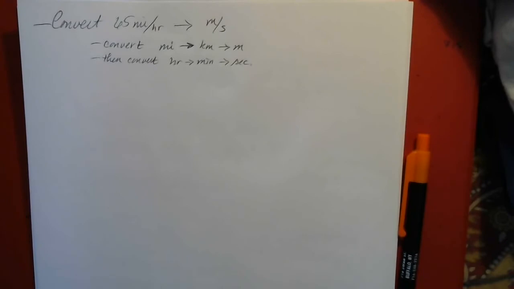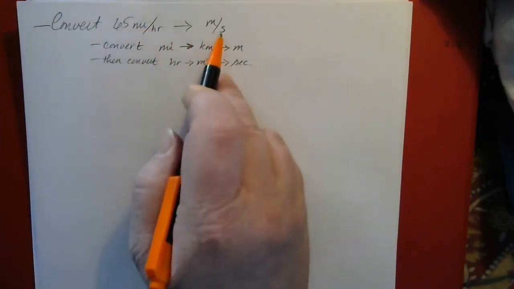But in the SI system, the official unit for velocity is meters per second. So you have to change not only miles to meters, you have to change hours to seconds.